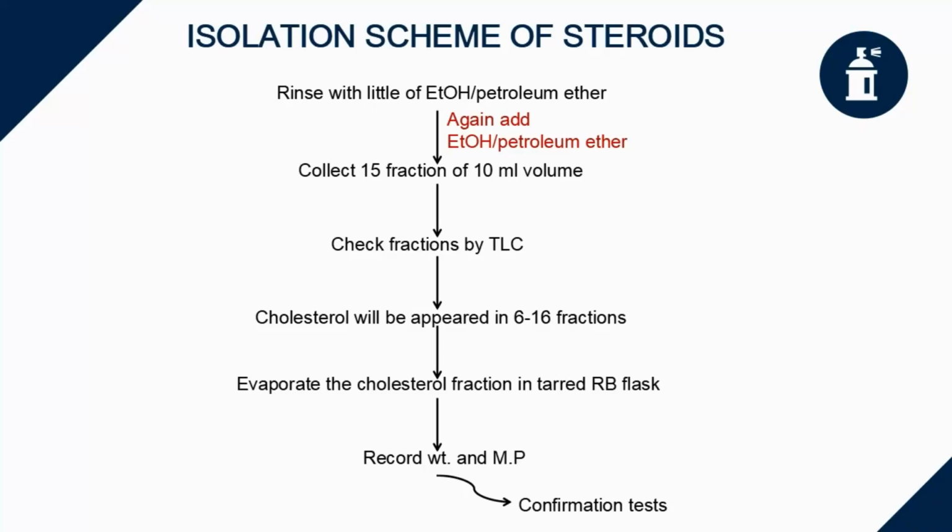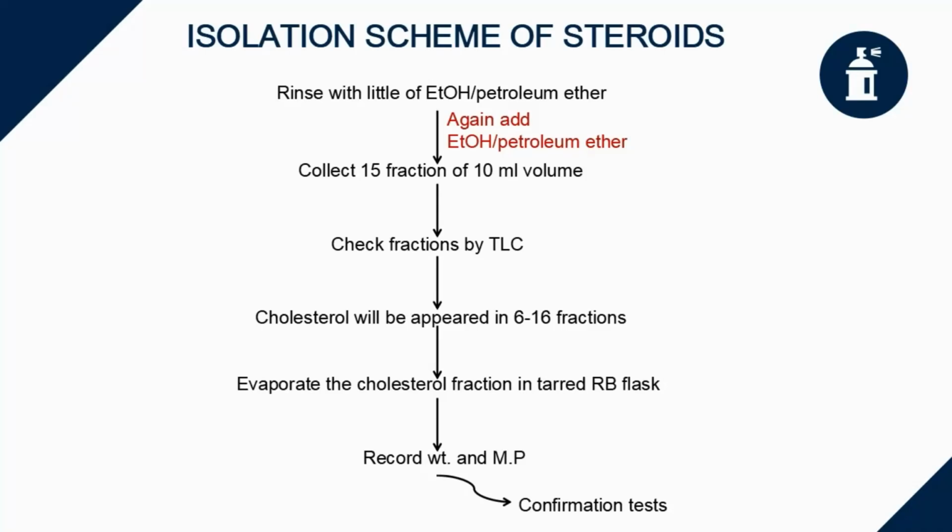So, the cholesterol will be spread into fractions 6 to 16. Now, after the evaporation of cholesterol fractions, we will get the cholesterol crystals in the round bottom flask. Now, the steroid, which is in the form of cholesterol, is recorded for weight and then its melting point is taken.